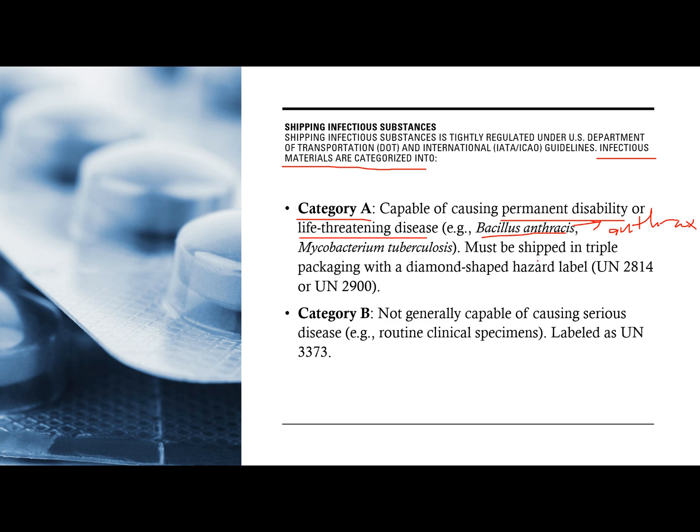So for category A, you need to ship them in a triple packaging with a diamond-shaped hazard label, UN 2814 or UN 2900. Now, for category B, not generally capable of causing serious disease. Routine clinical specimen. Labeled as UN 3373. So, among the two, mas deadly ang A compared sa B, class.